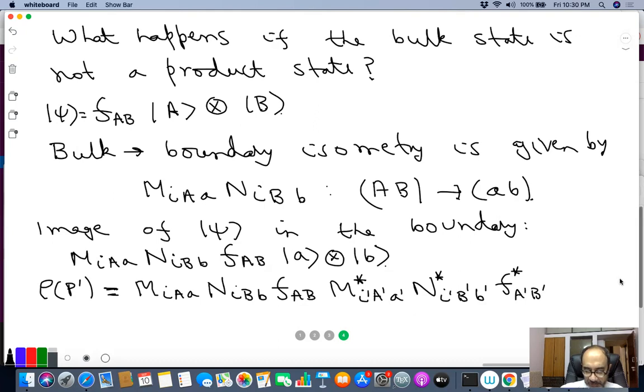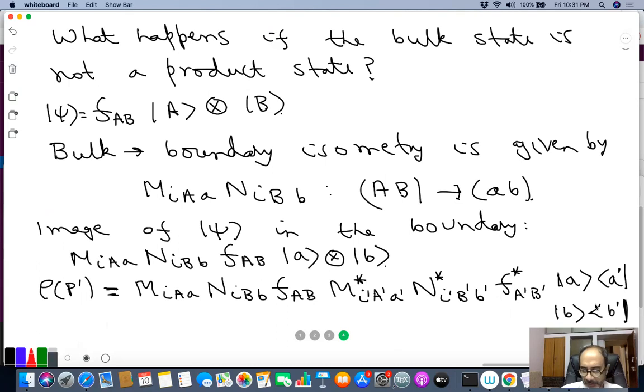So far it's fine. Then you have A prime, and if we are just trying to calculate the density matrix, then I'll have B prime. We would have had B prime, but because you are trying to trace out the degrees of freedom in the complement of P prime, which is Q prime, we have to bring B prime on this side.